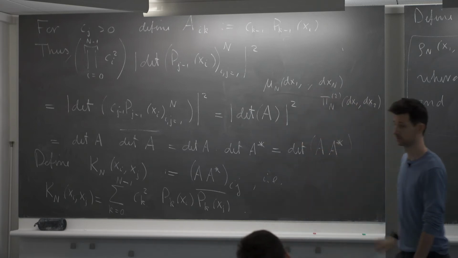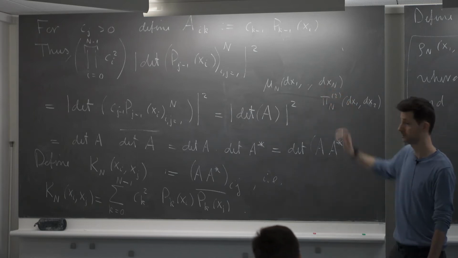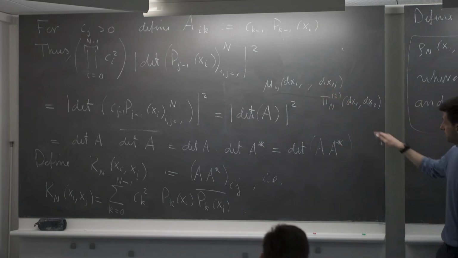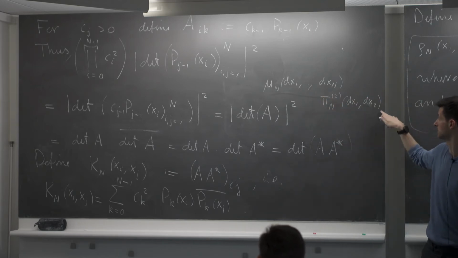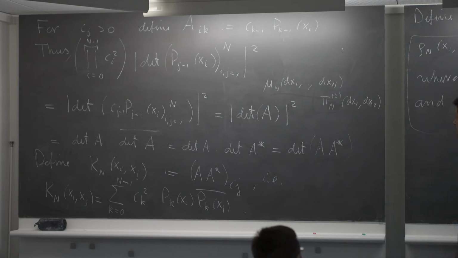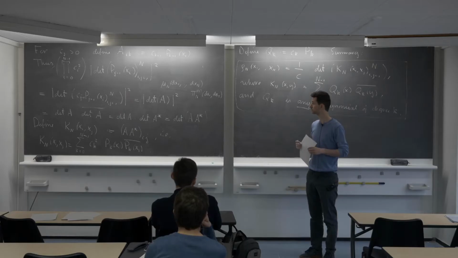This is a symmetric probability measure, by the way, so it doesn't matter which one you integrate out. And this is the most studied and most important object in random matrix theory. It is the pair correlation function, and it describes the joint probability of having an eigenvalue around x1 and around x2.